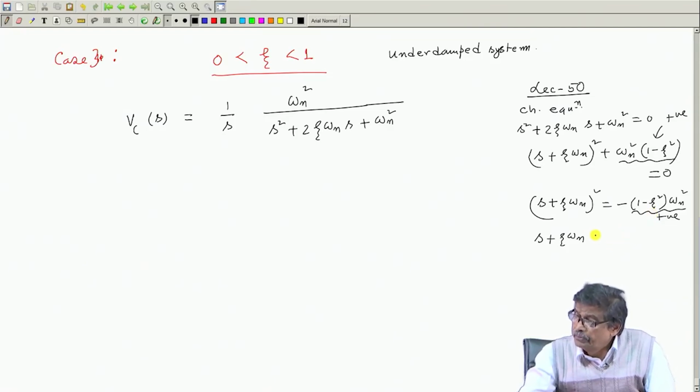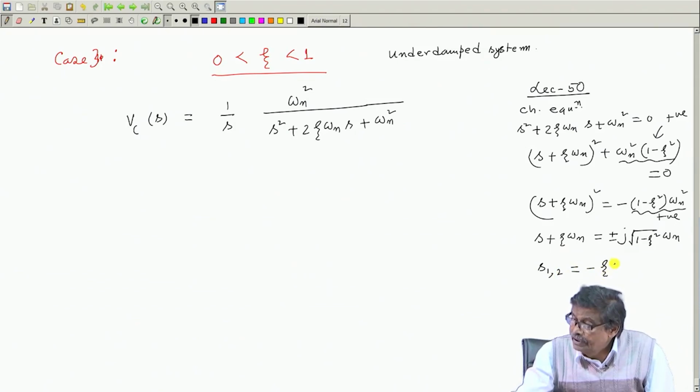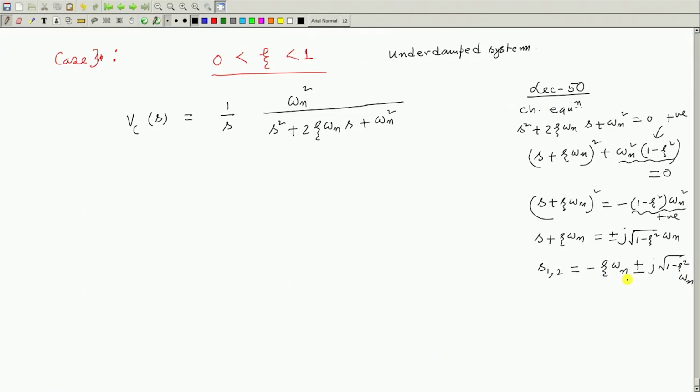So this will be equal to plus minus j root over 1 minus zeta square into omega n. So S 1, 2 will be equal to minus zeta omega n plus minus j root over 1 minus zeta square into omega n. You know, the roots will be complex conjugate.